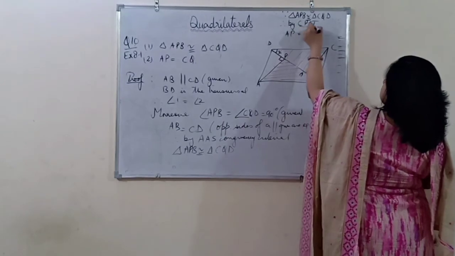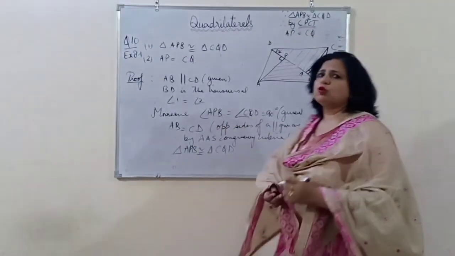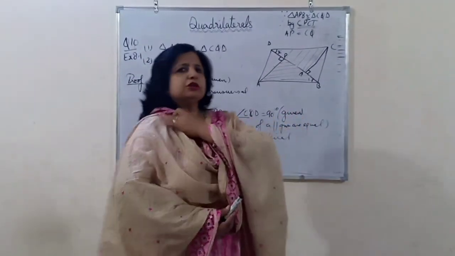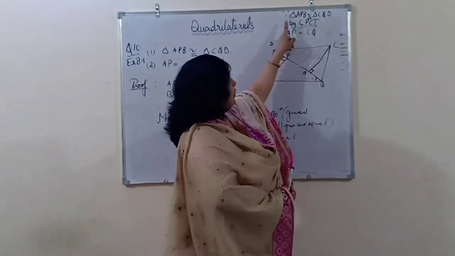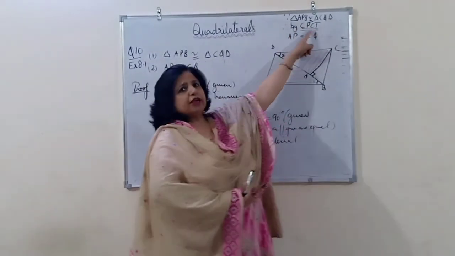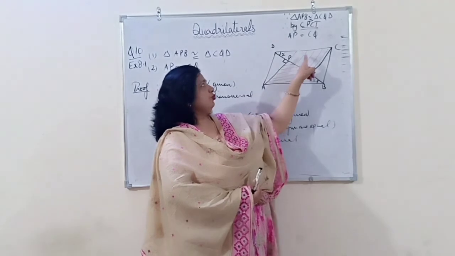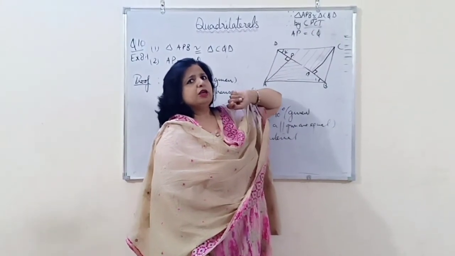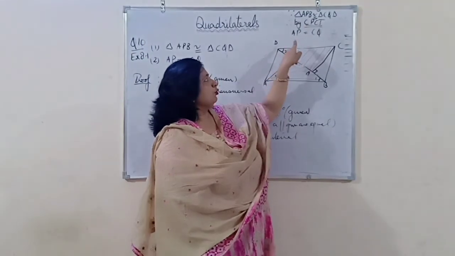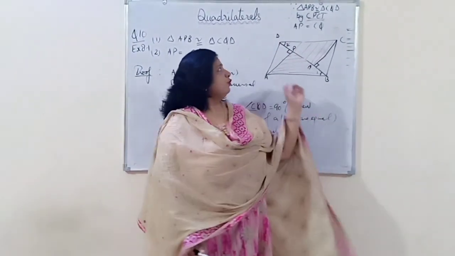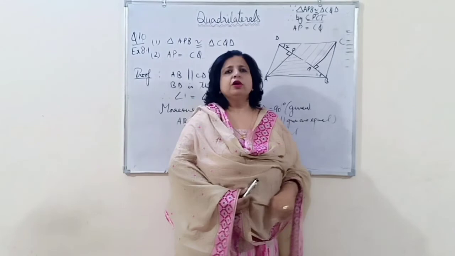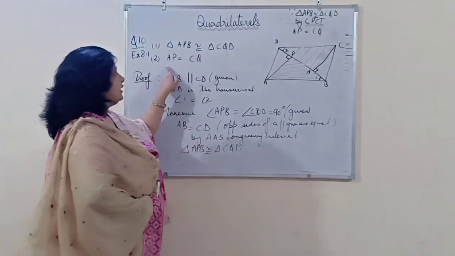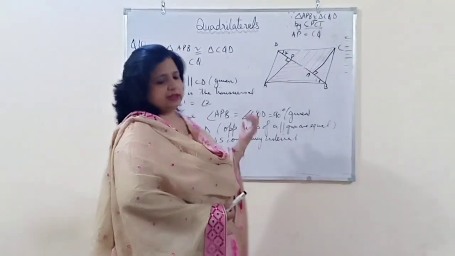What is this CPCT? Corresponding parts of congruent triangles are equal. These two triangles are congruent, so the corresponding parts will be equal. Therefore AP equal to CQ. Hence we have proved that these two triangles are congruent and these two sides are equal.